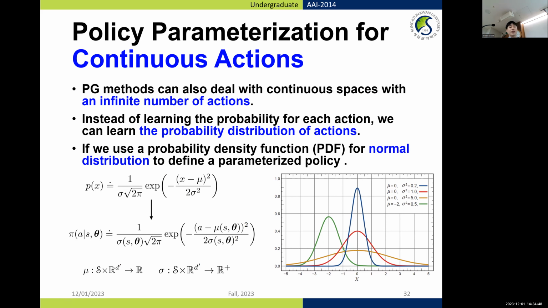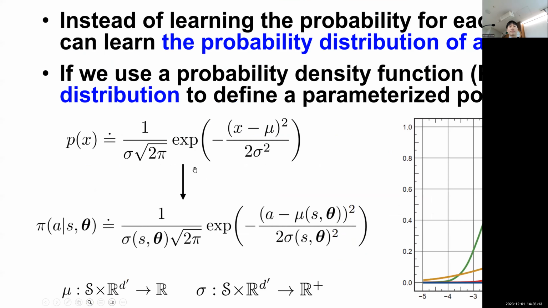Since we are defining this pi, in the discrete case we use the softmax function to define the probability. Actually we can extend this based on the normal distribution, using the normal distribution to define the policy pi, which is parameterized by theta.